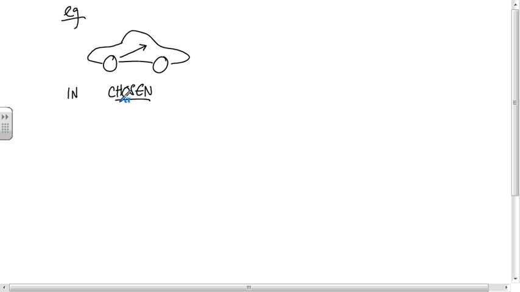Now in the car's chosen orientation, the arrow points in a new direction.